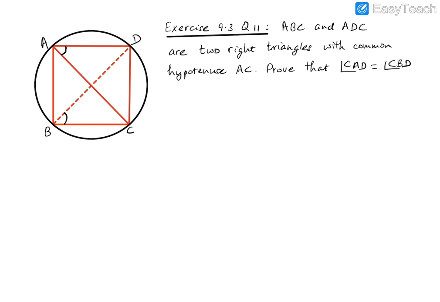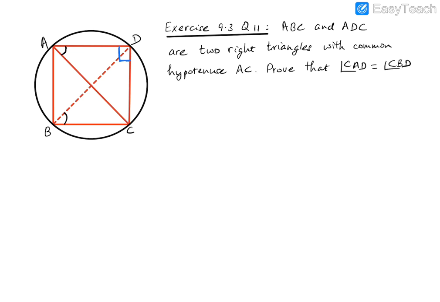The fact that it's a right angle triangle means the angle opposite to the hypotenuse is the right angle in a right triangle. So we have the angle ADC as the right angle in the triangle ADC, because that is the angle opposite to the hypotenuse.